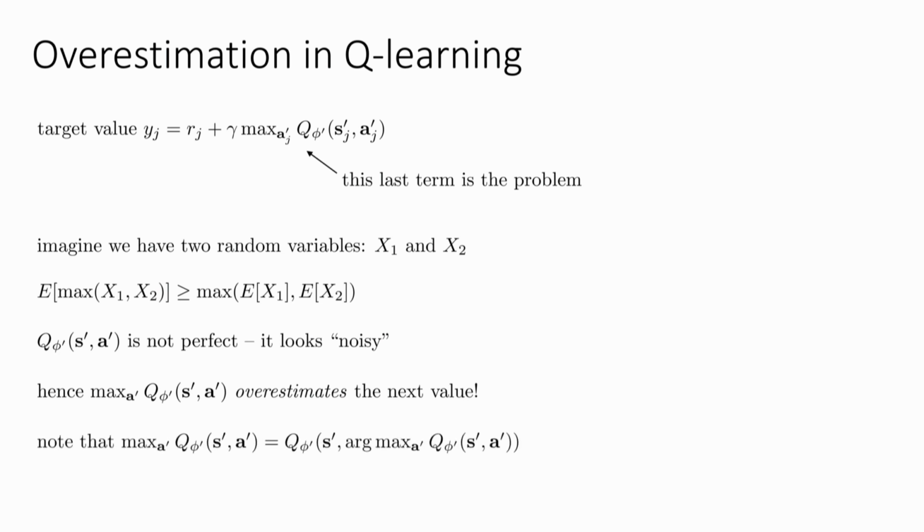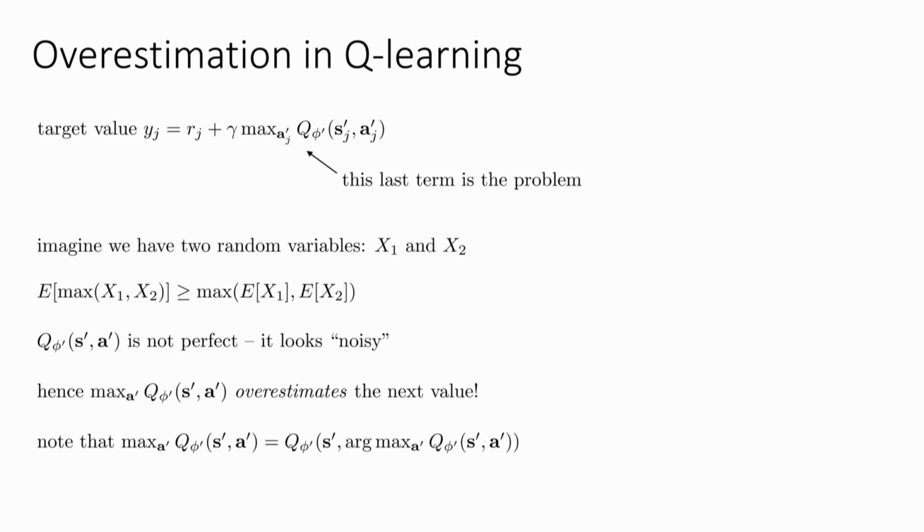Another way to think about this is to write out the max like this. This is kind of a silly way of writing the max, but it will help us understand what's going on. So the max of Q with respect to A prime is just the Q evaluated at an action given by the argmax. Kind of silly because I had something short and now I write it out and it's much longer. But this might give us a hint about what's going on.